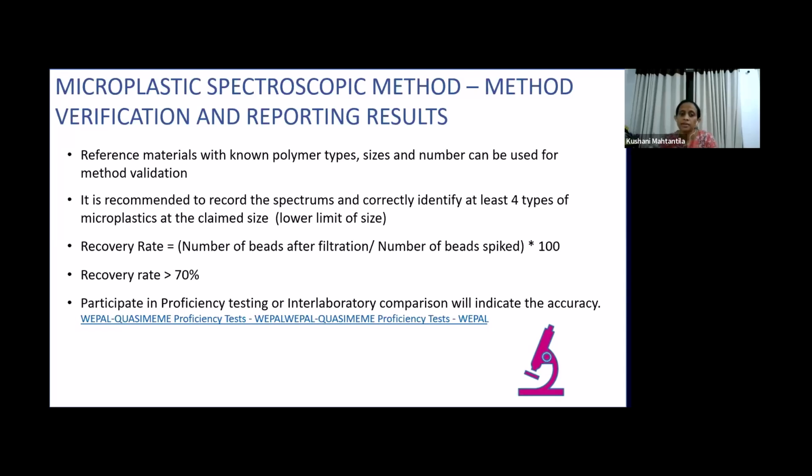They define the true value and calculate our score based on it, and if it is less than plus or minus 2, we are in the population. We are not an outlier of the population and our accuracy is high. That is how we analyze proficiency testing.